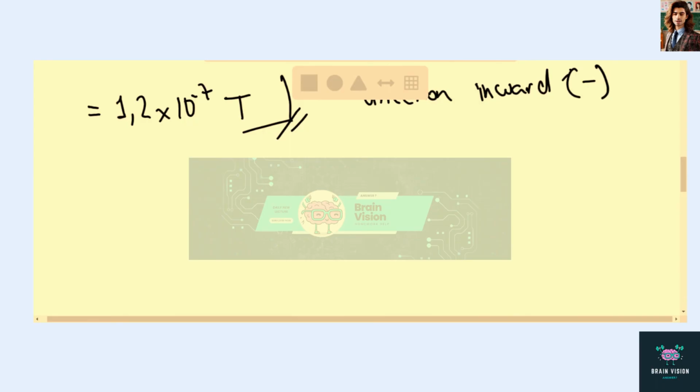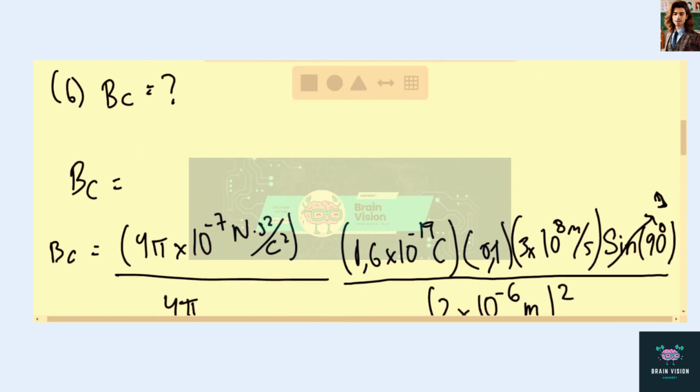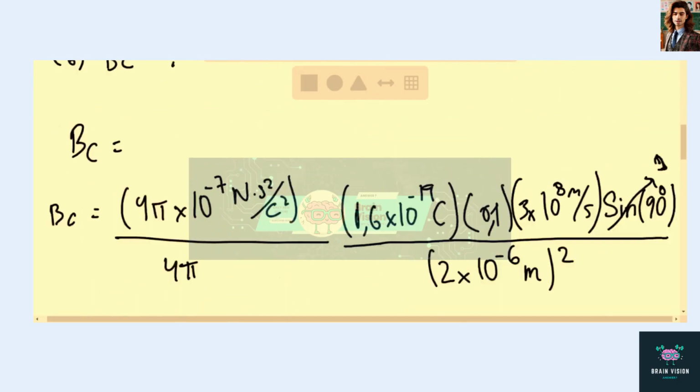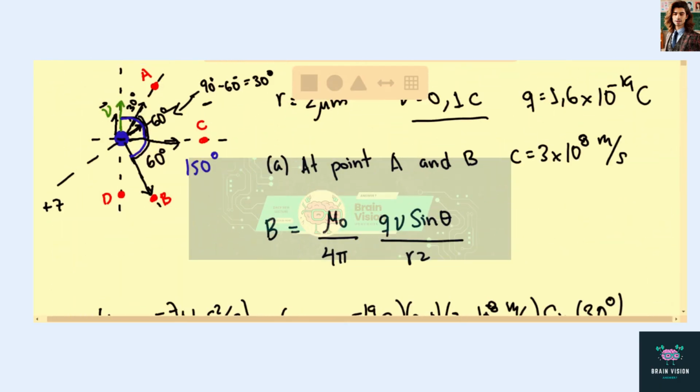And finally, the last part of this problem is the magnitude of the magnetic field at the point D. We can see from the figure that to obtain the angle, we need to go from B all the way down to this point. So we know that this is 90 degrees, and then again, this is 90 degrees.